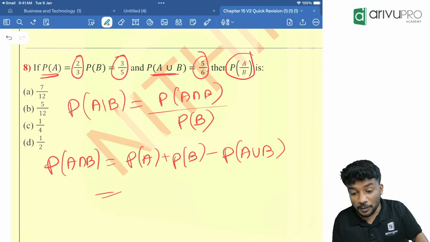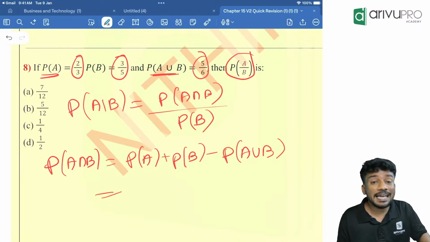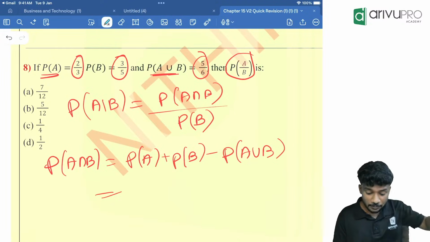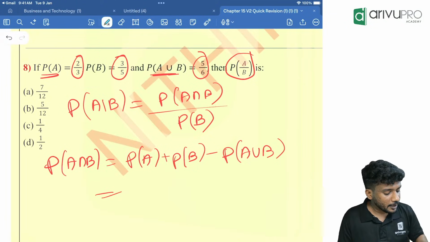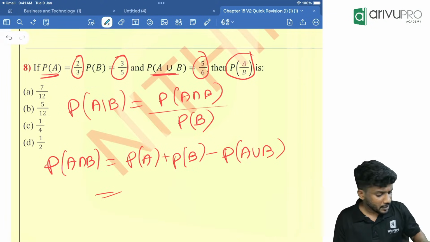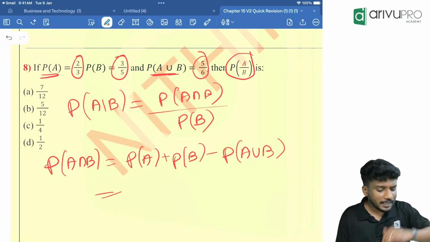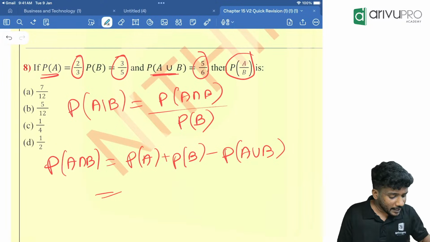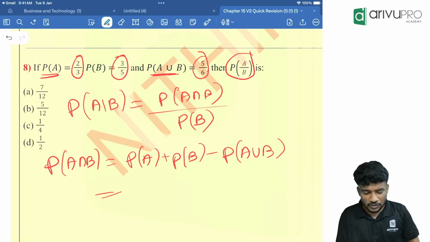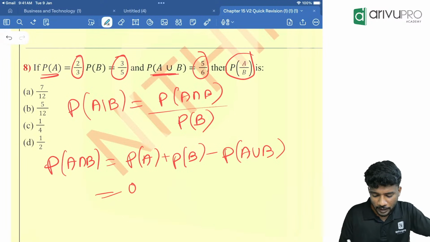Clear the memory first. Clear using MRC how many times? 2 times. P of A is 2 divided by 3, M plus. Then 3 divided by 5, M plus. Then 5 divided by 6, M minus. Then click MRC. How much did you get?